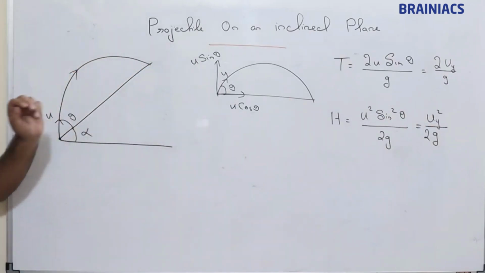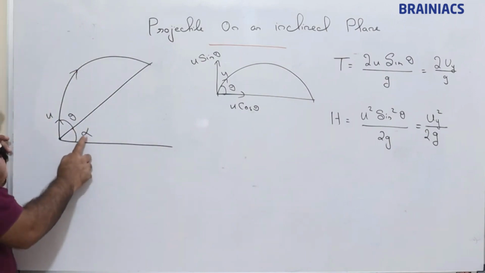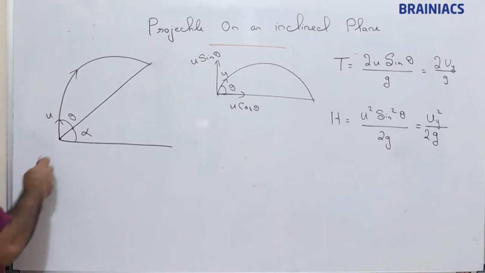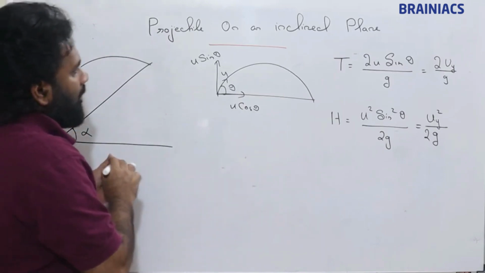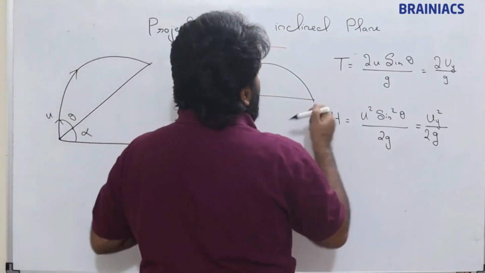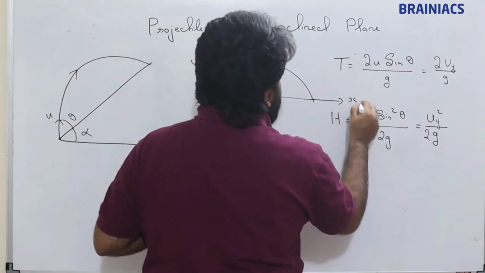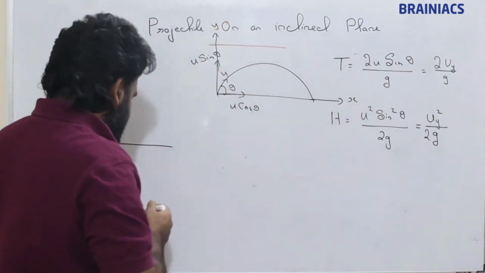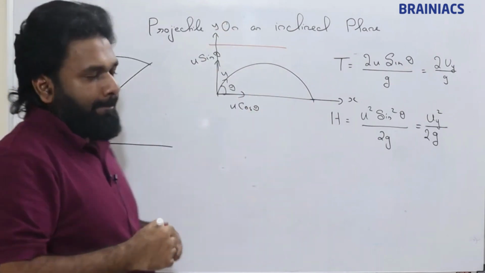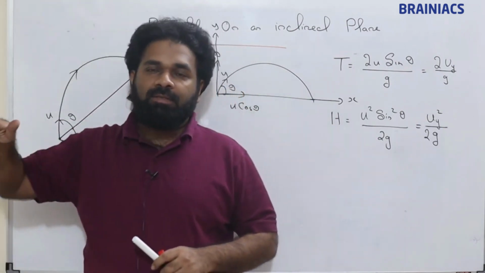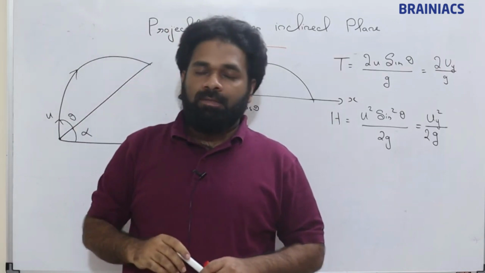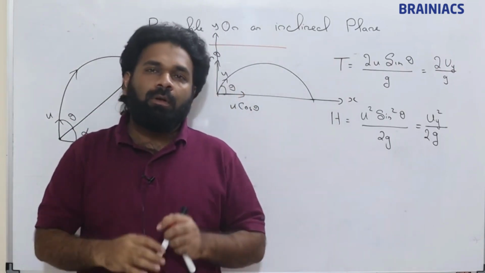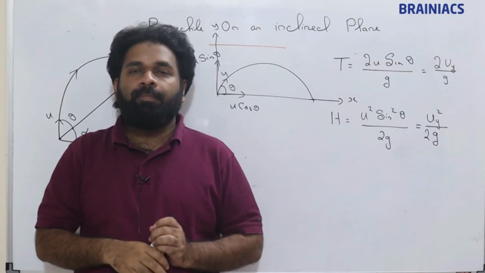Now we will see this. So this is alpha, this is theta. Now as usual, in a normal projectile, what we have done is we consider this as x-axis and this as y-axis. Whether we take this as x-axis and this as y-axis is a convention that we take in order to solve these kinds of situations.